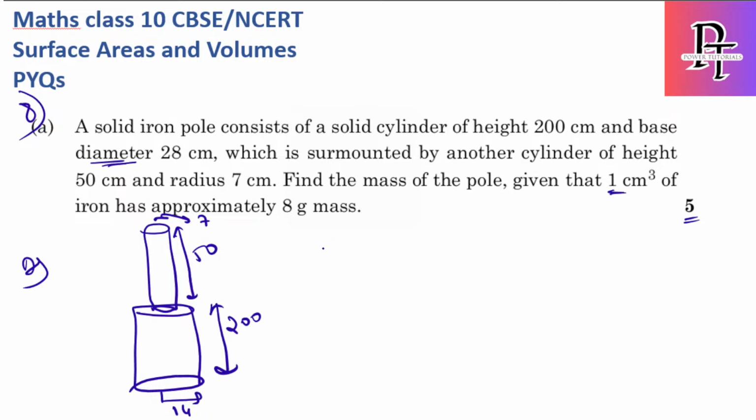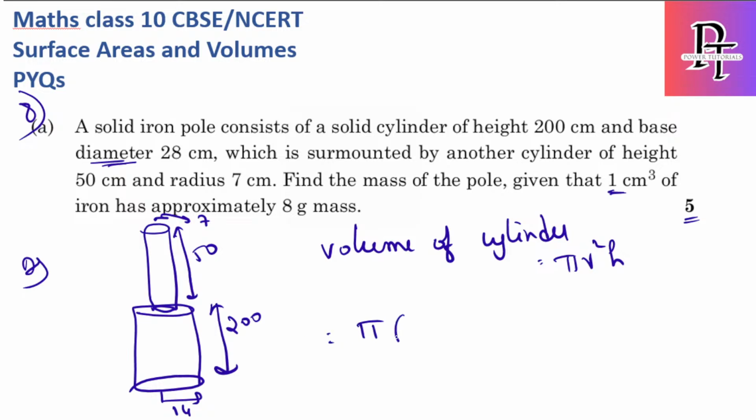What is the volume of a cylinder? The volume of a cylinder is pi r square h. So there are two cylinders, I need to add both. So it will be pi into r square, which is 14 square, into height 200, plus pi into radius 7 square into 50.